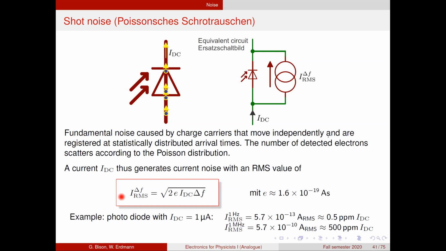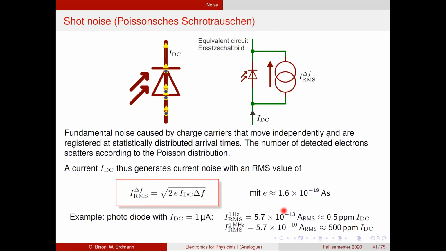So the RMS noise in a current is then given by the square root of 2 times the electron charge times the DC current, and again times the bandwidth at which we observe our signal.